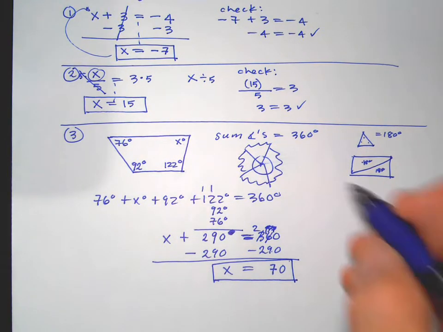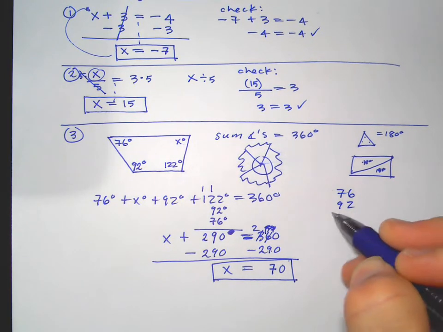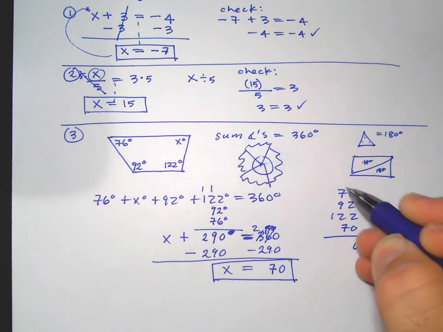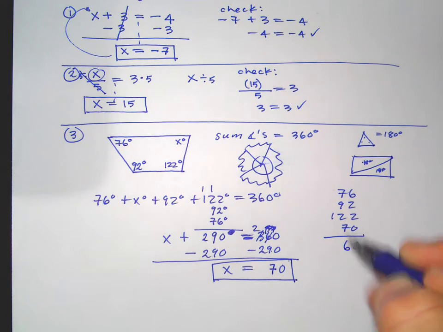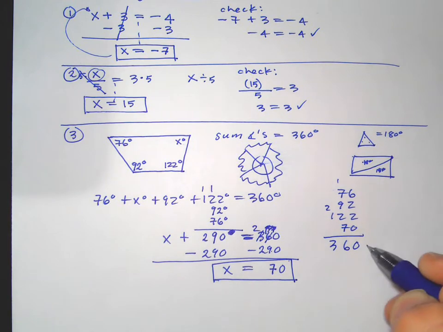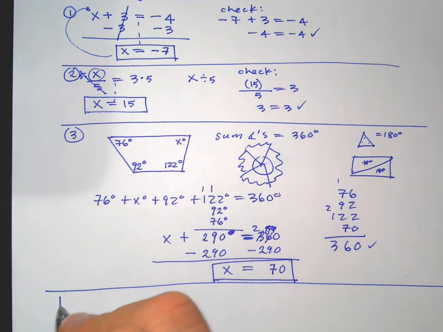We could check our answer and see if these do actually add up to 360. So 10, carry the 1, 8, 17, 19, 26, carry a 2, 360. Okay. All right. Our last problem today is going to be a word problem.